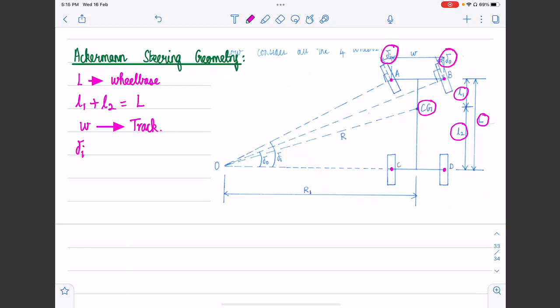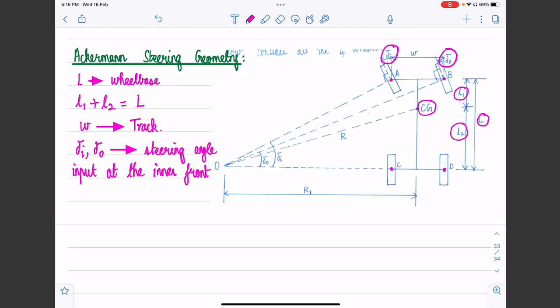They indicate the steering angle inputs at the inner front wheel and the outer front wheel respectively. Obviously we assume front wheel steering, the rear wheels are not steering.